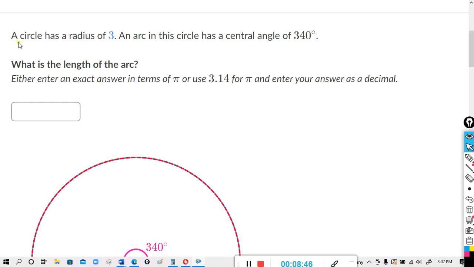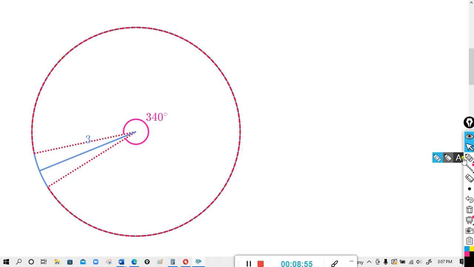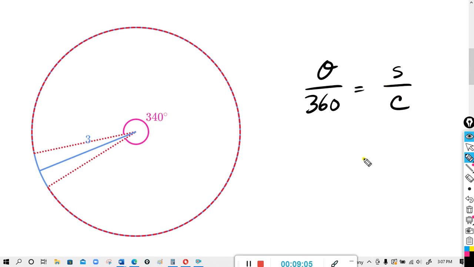All right, one more. Circle has radius 3. The arc has a central angle of 340. What is the length of the arc? All right, let's see. Theta divided by 360 equals S over C. So this part in pink, almost all the way around, is our arc.